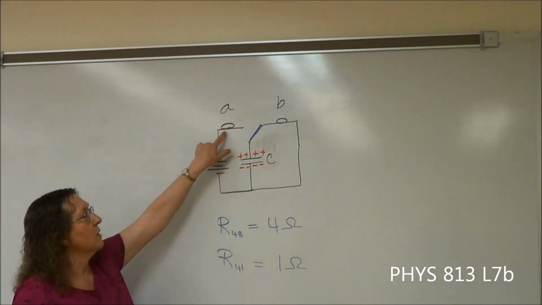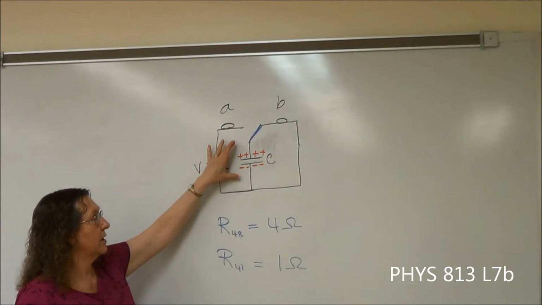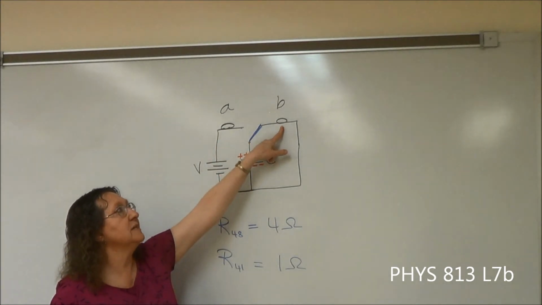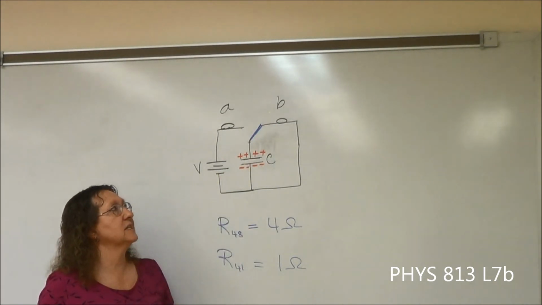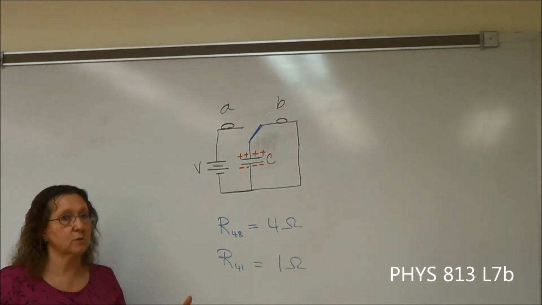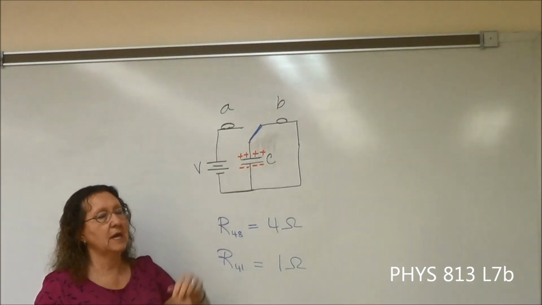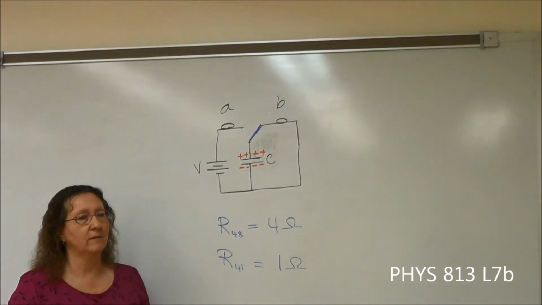Now, when you left the 41 over here and the capacitor charged, then when you put the 48 on the B side and moved the switch there, you should have seen that the initial brightness, which was one of those questions, of the 48 was a little less than the initial brightness of the 41.